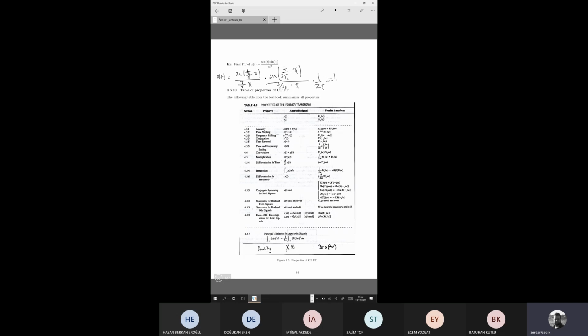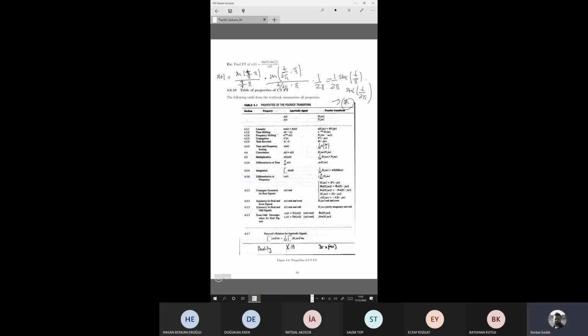This is nothing but 1 over 2 pi times sinc of t over pi times sinc of t over 2 pi. So I have my x of t, which is obtained by multiplying two sinc signals. Well, the Fourier transform of sinc is rect, so two rectangular signals are convolved in frequency. So the rest is your homework, but remember, multiplying in the time domain means convolving in the frequency domain.